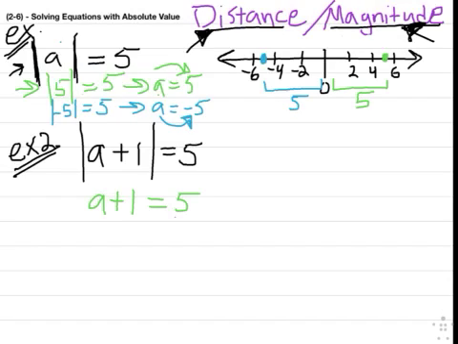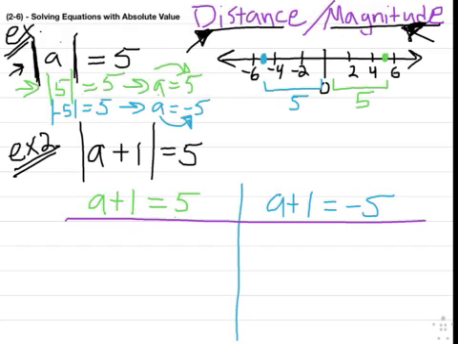It's the same with a group. When we have a group of stuff inside, a quantity that's not just a number, like A plus a number, then A plus 1 is 5, or A plus 1 equals negative 5. That's literally how we're going to solve this: we're going to do two problems. So lucky you, every absolute value problem is two in one.